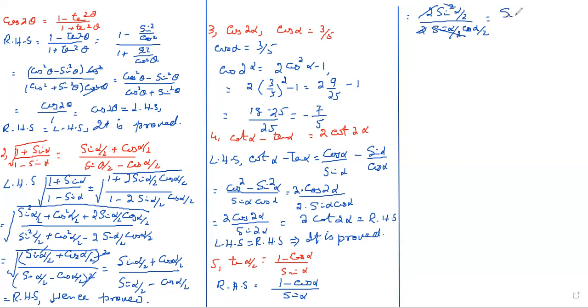We are left with sine alpha by 2 over cosine alpha by 2, which is equal to tangent alpha by 2, which is equal to left hand side. So right hand side equals left hand side, which implies it is proved.